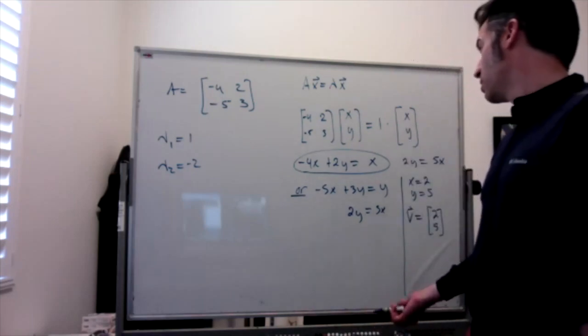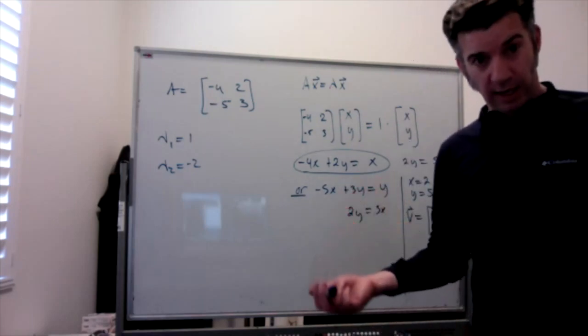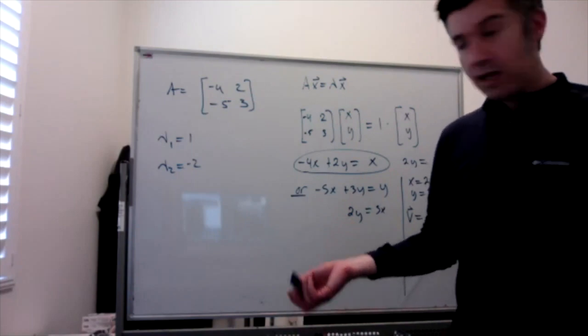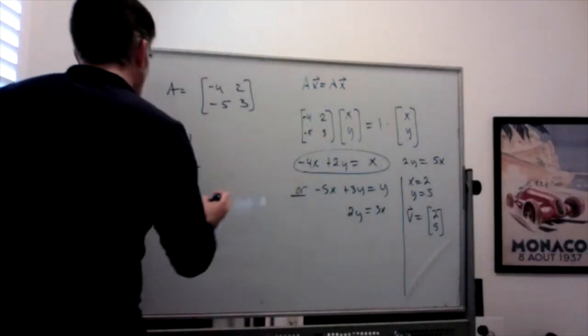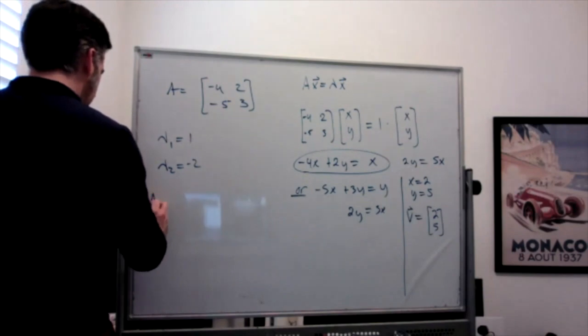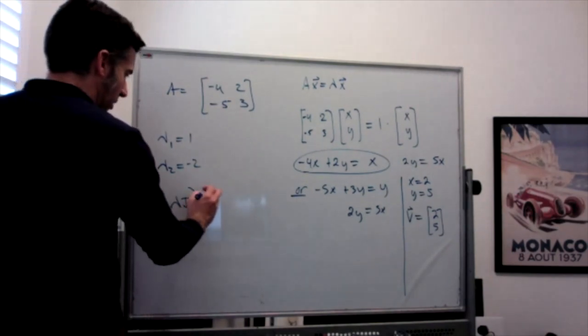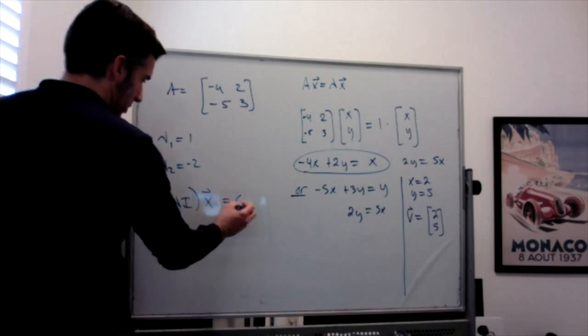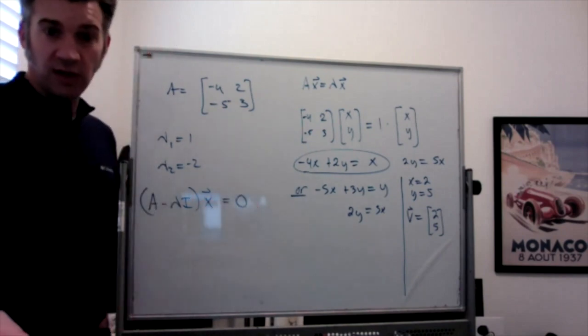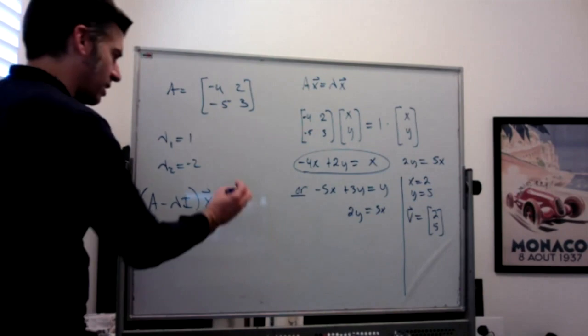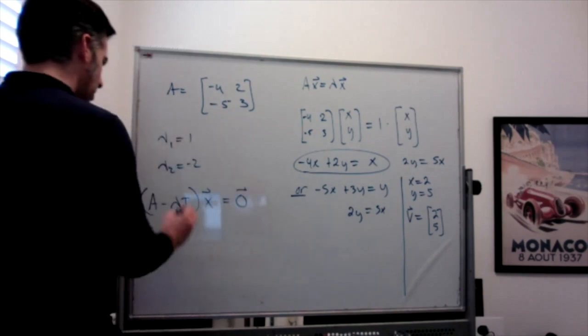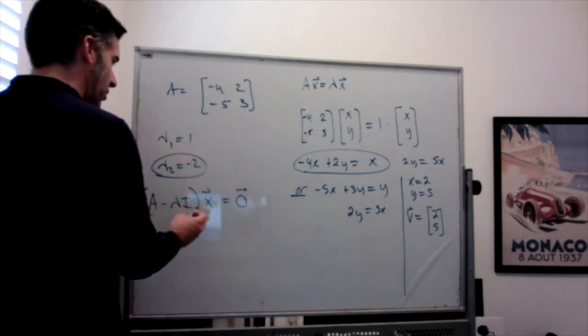The other way you can find the eigenvector for a particular eigenvalue is instead of solving this, you can solve A minus lambda I times your unknown eigenvector equals 0. A couple of you did it this way on the quiz, which is also fine. And it's really the zero vector. So I do that for lambda equal to negative 2.